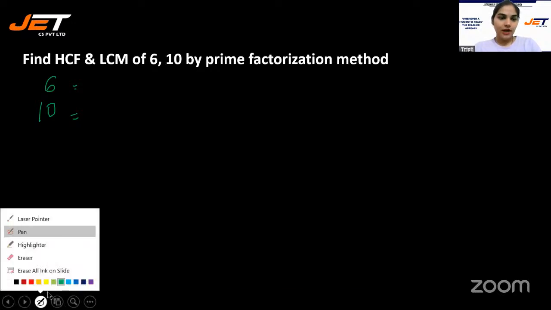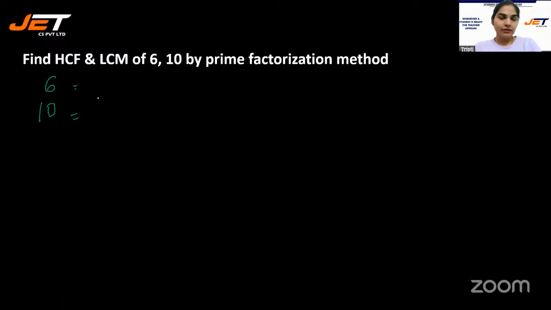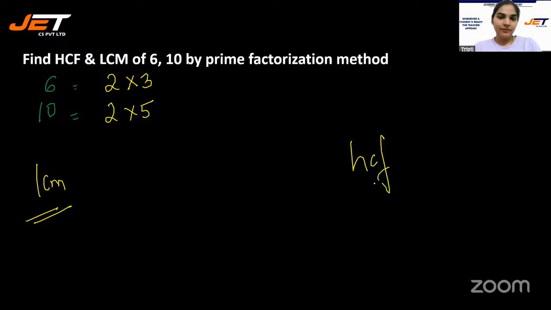I hope you figured out the prime factors, like the factorization you have done. So 6, 2 times 3 is 6, and 10, 2 times 5 is 10. If I see the LCM, 2 is occurring maximum just one time, 3 is there, 5 is there.